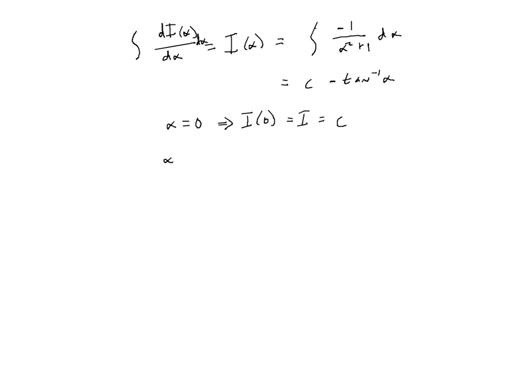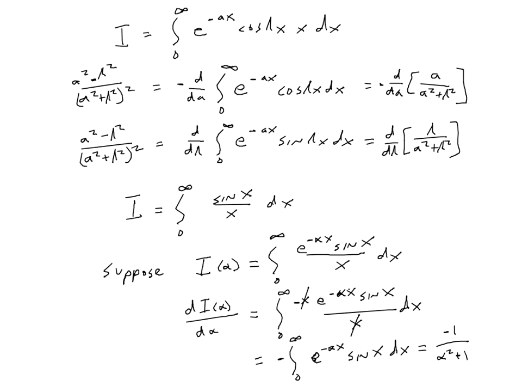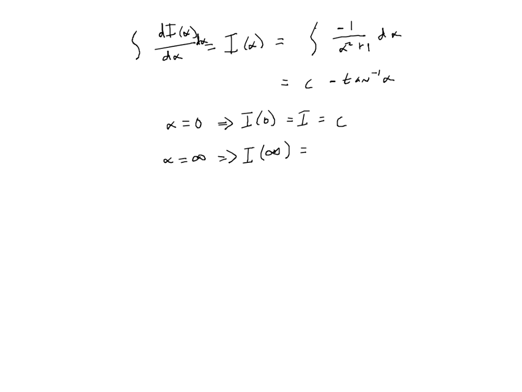And if you have alpha equal to infinity, then we know that in that case you have I of infinity. And for I of infinity, the exponential term here is going to drop to 0. And that's going to cause this entire integral to drop to 0.